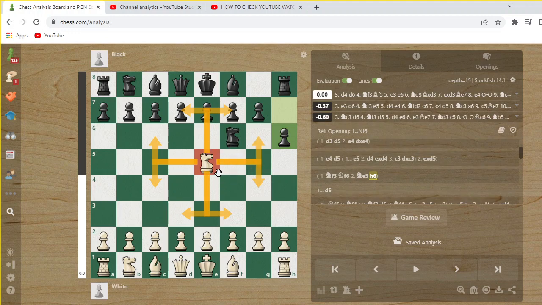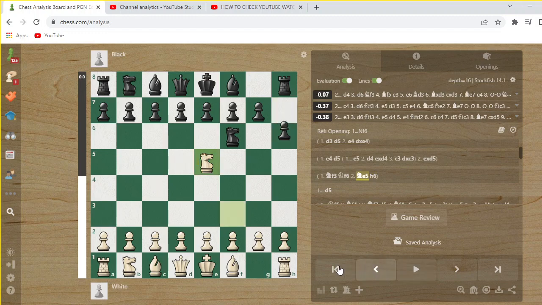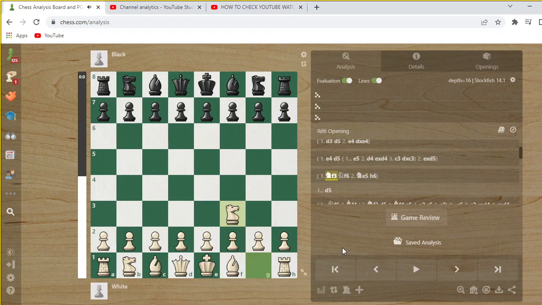My knight can go to 8 squares right now. It can go back, forward, sideways. It can go any direction, but it has to be in this sort of L shape, like on chess.com's arrow. So that's knights.